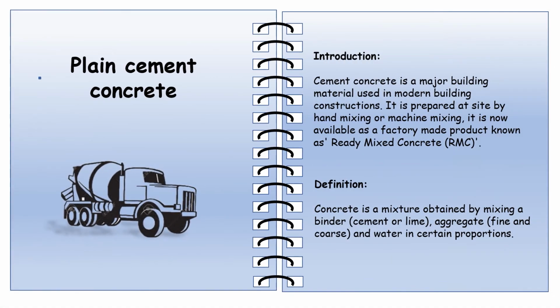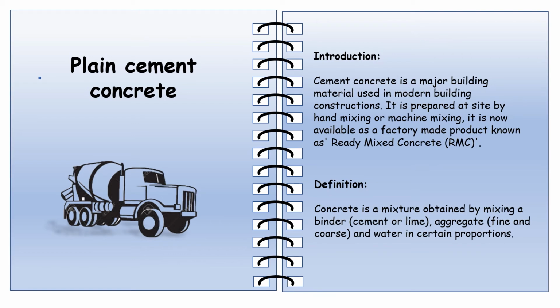Plain cement concrete. Introduction. Cement concrete is a major building material used in modern building constructions. It is prepared at site by hand mixing or machine mixing. It is now available as a factory made product known as ready mixed concrete.